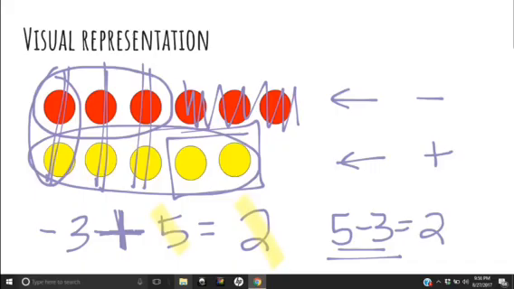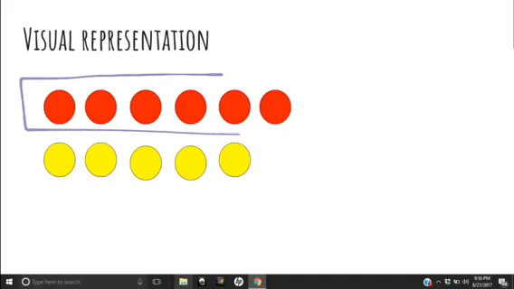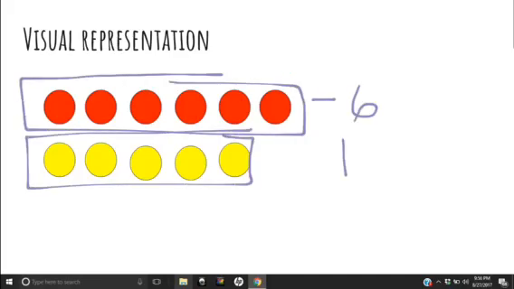So when you have different signs, like a negative and a positive, you really just take the difference. You really just subtract. Okay, here, we'll use all of them. Negative 6, positive 5, so negative 6 plus 5.